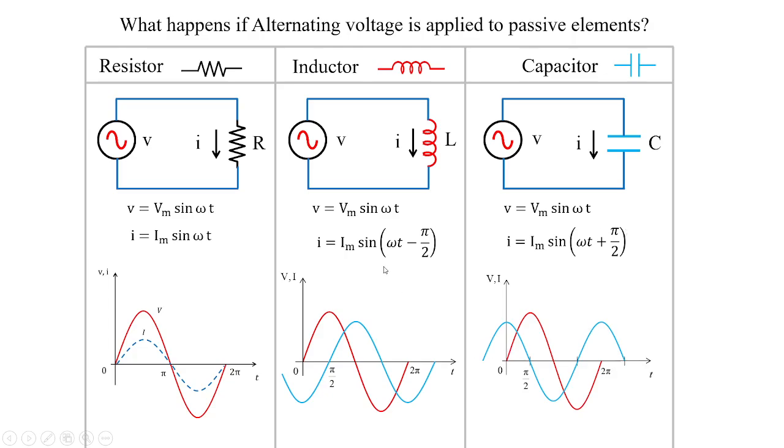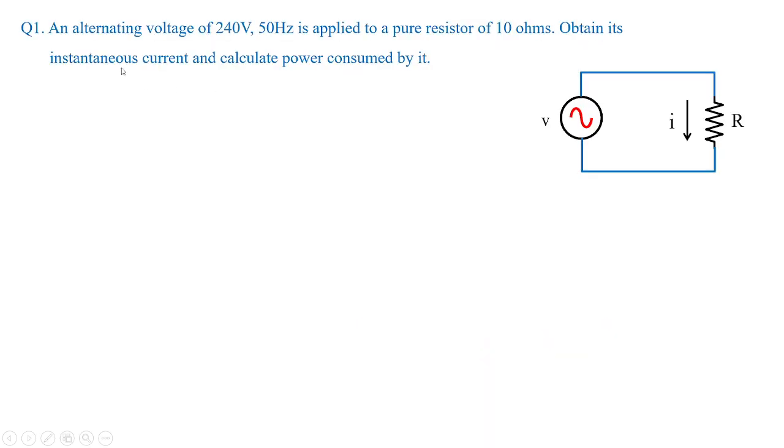Now with this conclusion, let us see some numericals, where you have the first example as input supply 240 V, 50 hertz, applied to a resistor of 10 ohms. We have to obtain the instantaneous current and power consumed by the resistor. So for this we take the inputs which are given and then calculate the value of current.